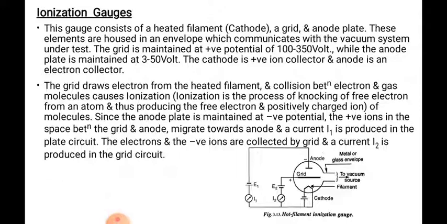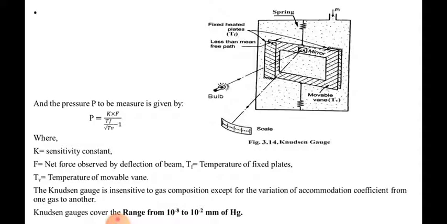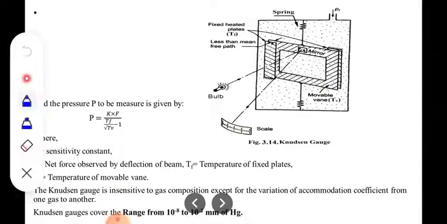Okay, so the next type of gauge is the Knudsen gauge. Just see the diagram of the Knudsen gauge. Here in the diagram we will have to observe the different construction parts.